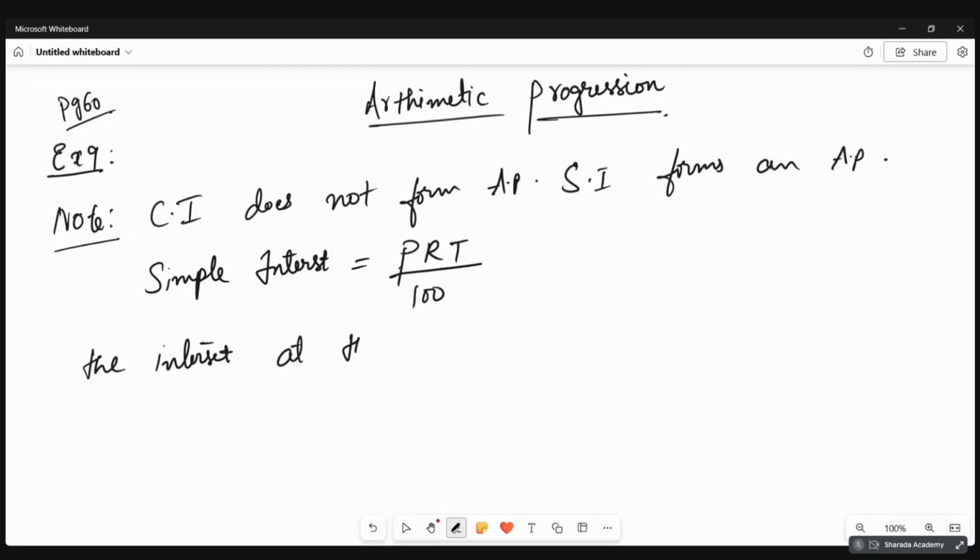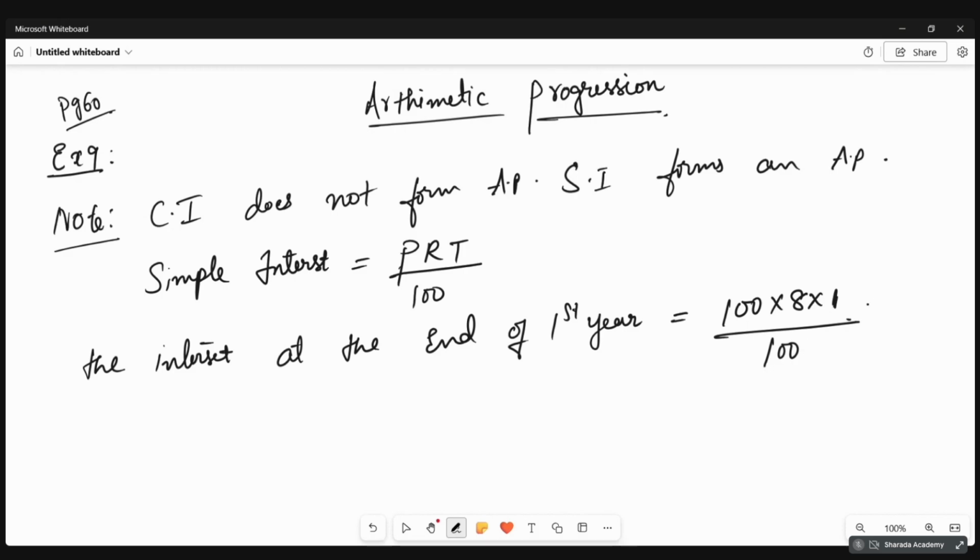at the end of first year. It will be equal to 1,000 into rate of interest 8, time duration 1 year, into 1 by 100. Principal is 1,000 here, so you will get 80 rupees.